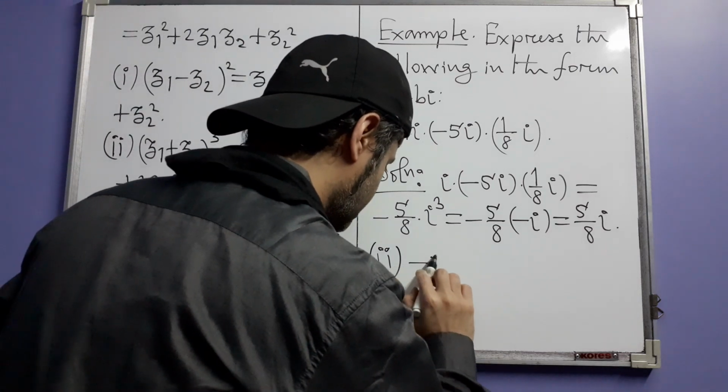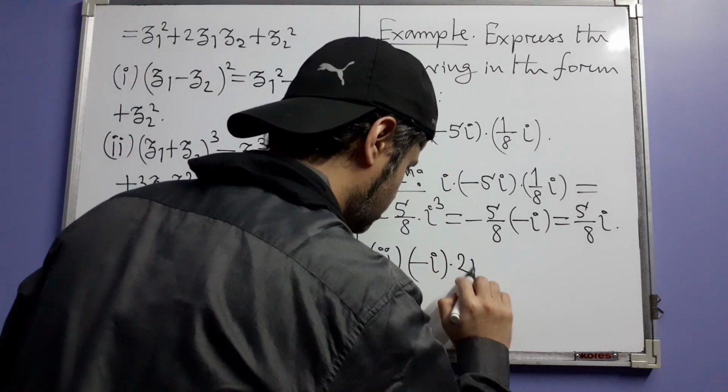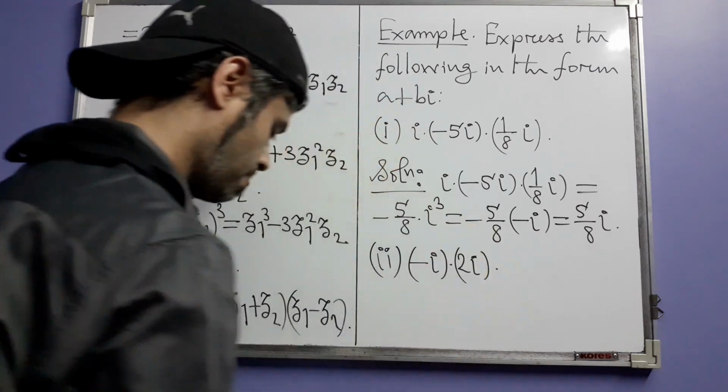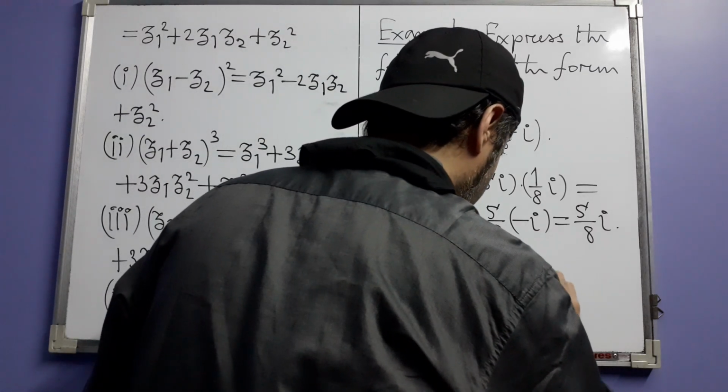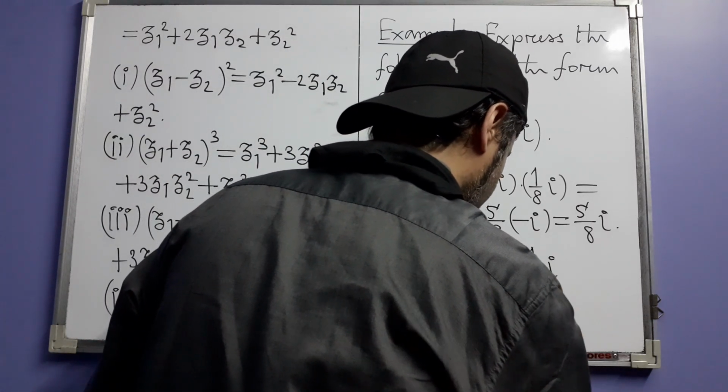Here you have minus i times 2i times minus 1 over 8i whole cube.